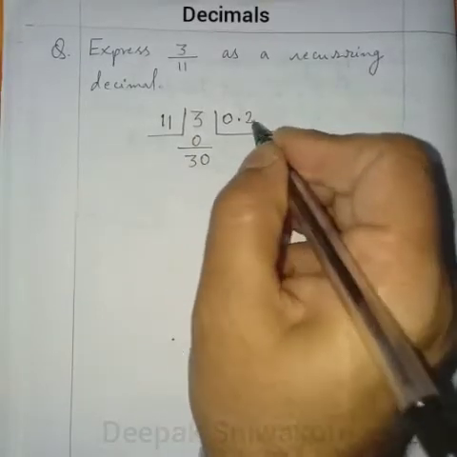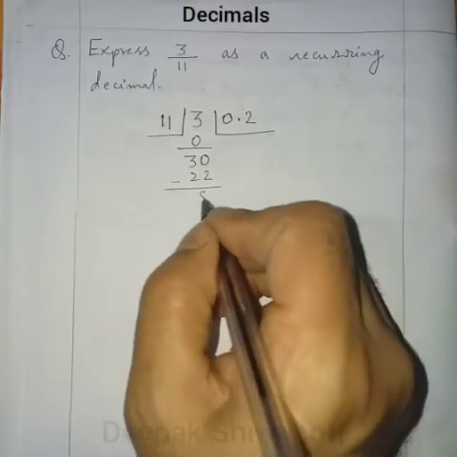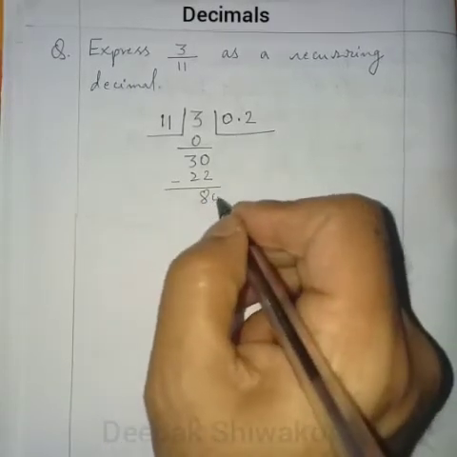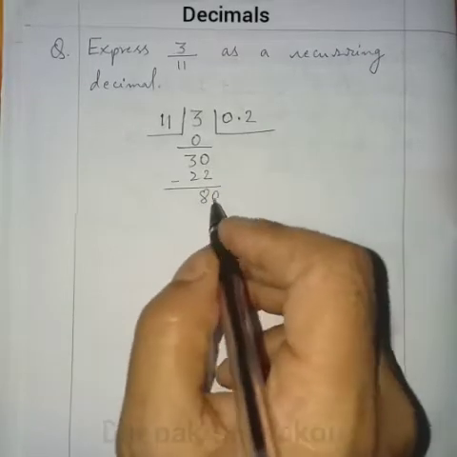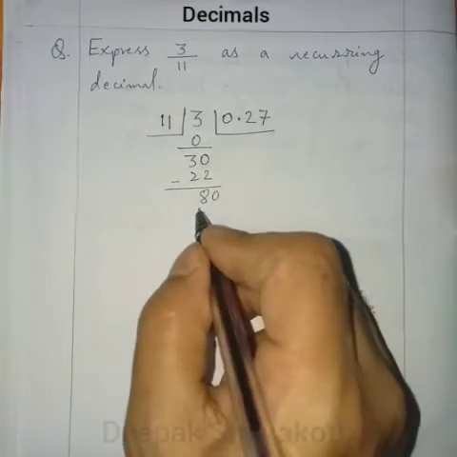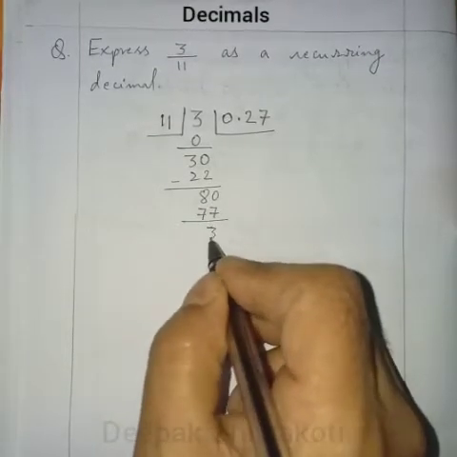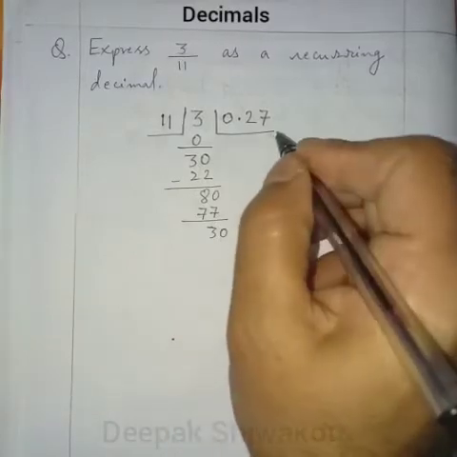So 11 2s are 22, subtract here, we get 8, and 0 because of the decimal, and this will go for 7 times. 11 7s are 77, subtraction we get 3 here, again 0, it goes like that.